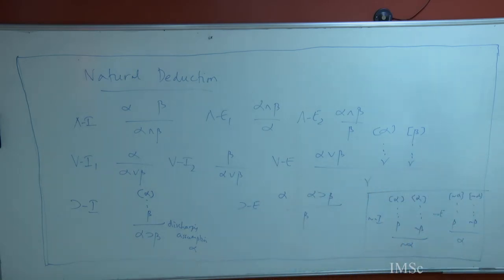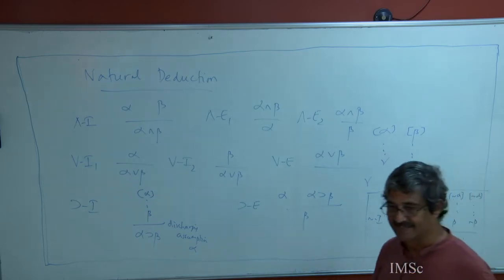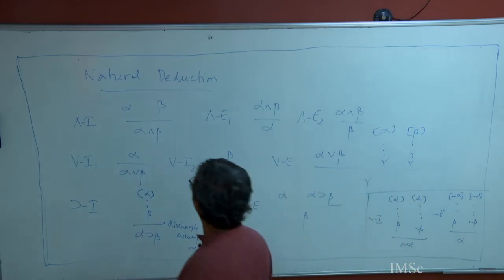So these are all the rules that we have seen. Now, what about quantifiers? Of course, you will have a for all introduction and for all elimination, and there exists introduction and there exists elimination. So how do we expect this to go?